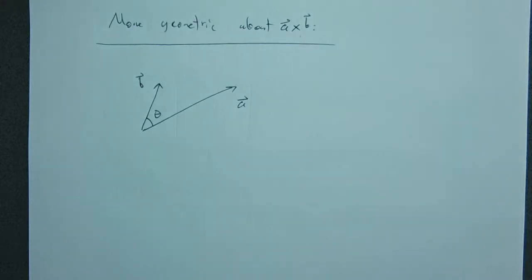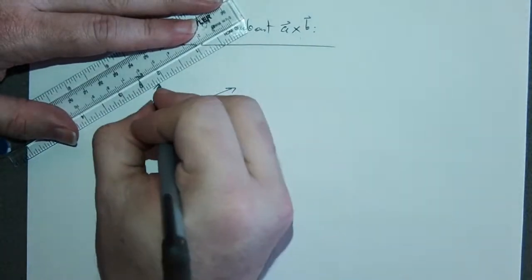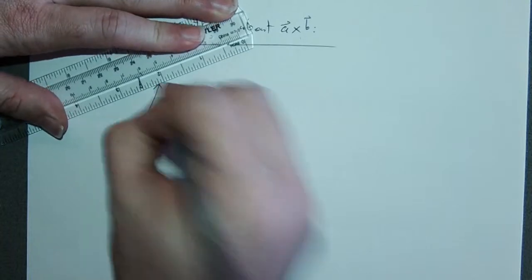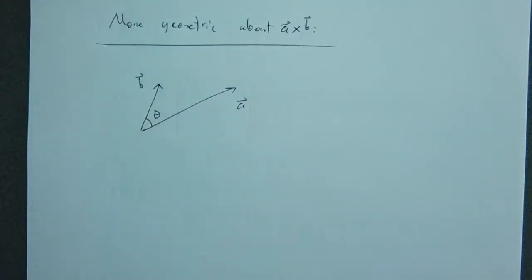What if I wanted to find the area of the parallelogram determined by A and B?